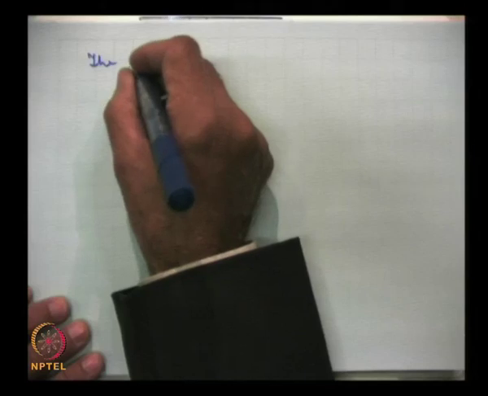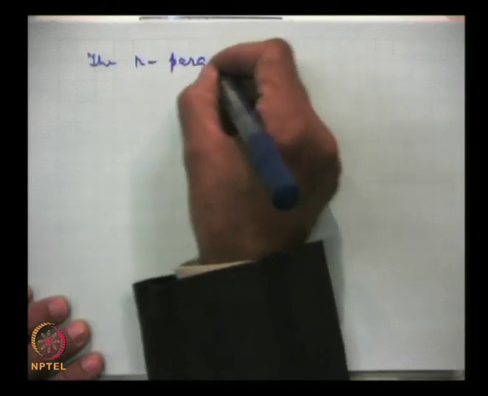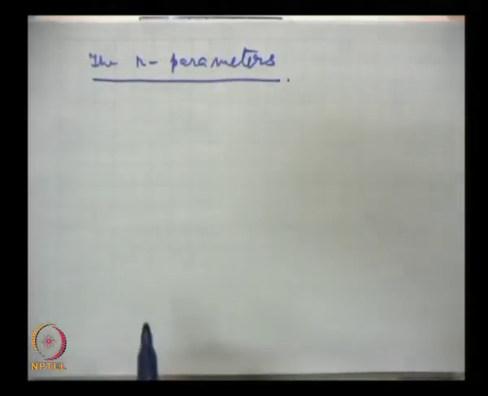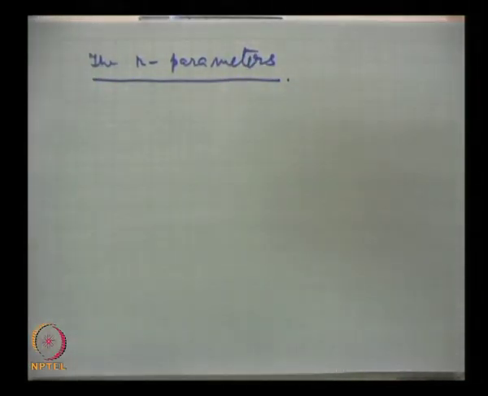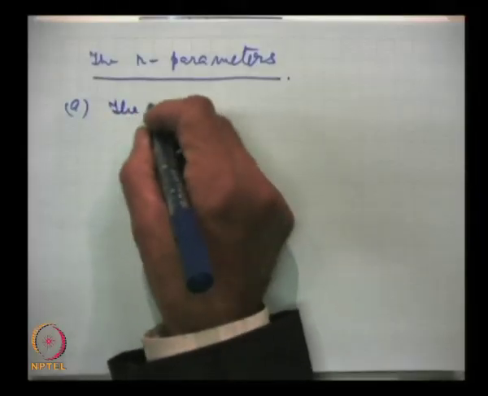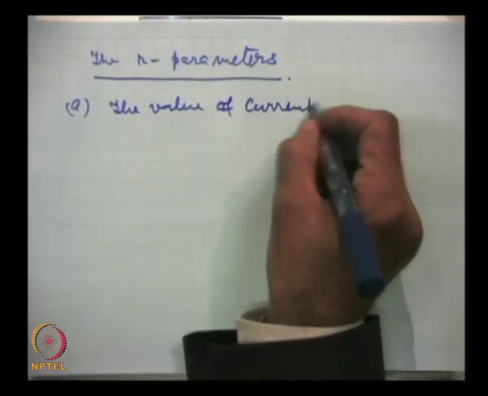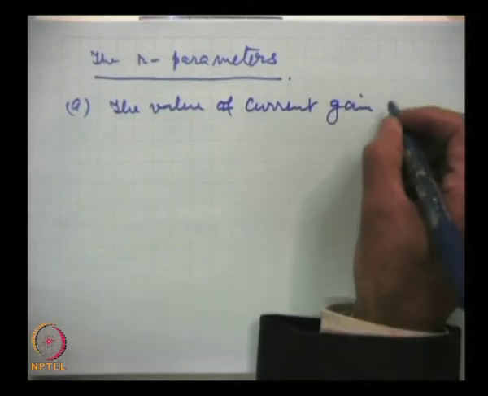So, now we will come to the R parameters. What are the R parameters? There are only two parameters required for this analysis. One is the value of current gain beta.